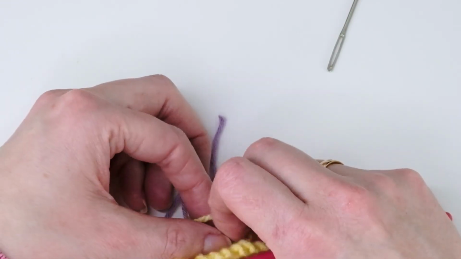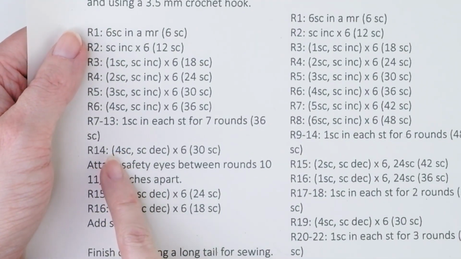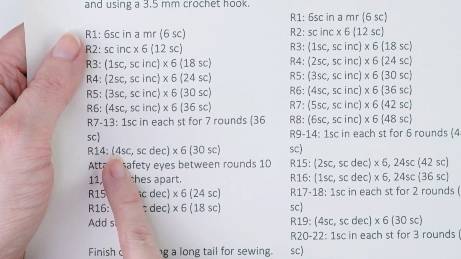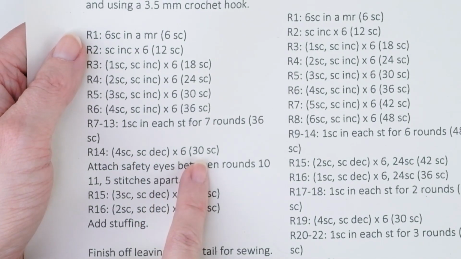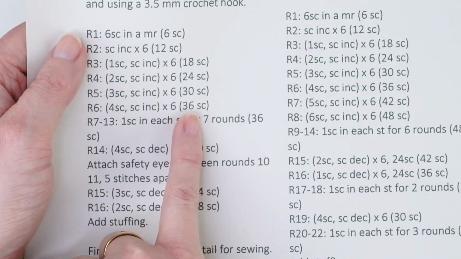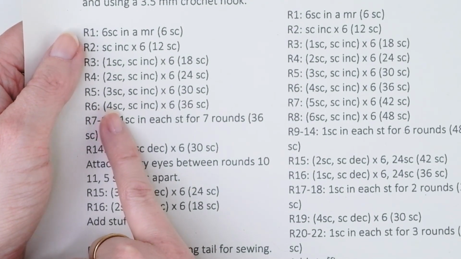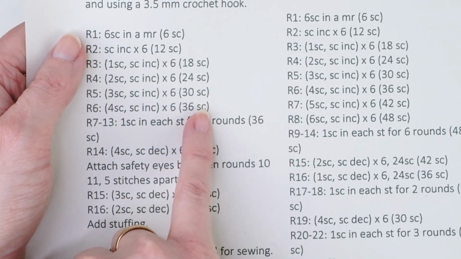Okay, so now let's say I just made 7 rounds here, and we are at round 14: 4 SC and a single crochet decrease, because here we ended up with 36 single crochets. You have to do 4 single crochets and 1 decrease, repeat 6 times.